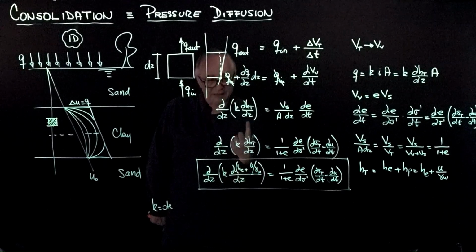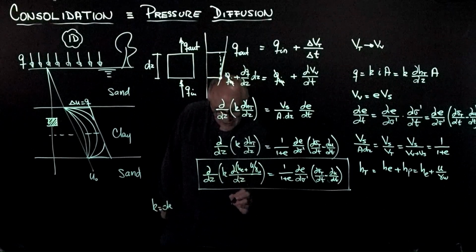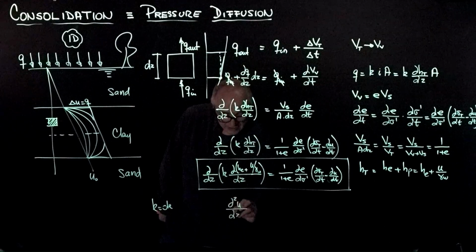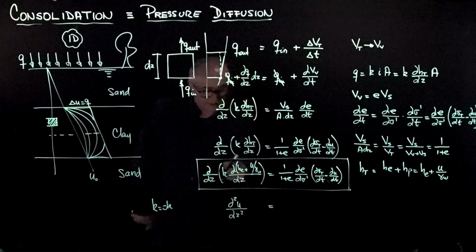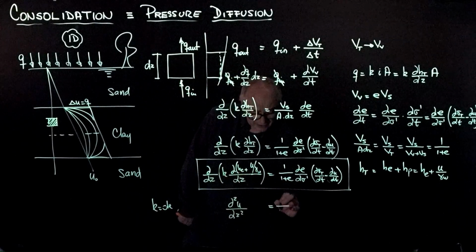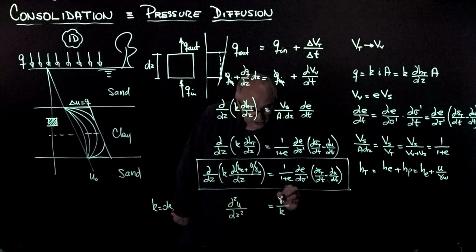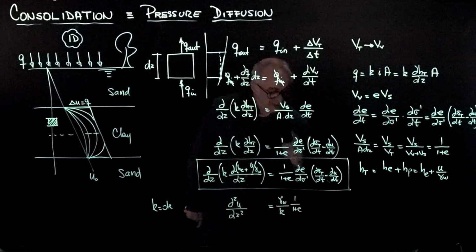The first derivative is 1, the second derivative goes to 0. So what I get here now is the second derivative of u with respect to z, and I send to the other side K, which goes into the denominator, and gamma water, which was in the denominator, goes to the numerator, times 1 over 1 plus e.